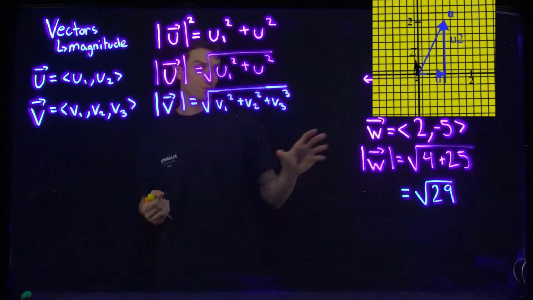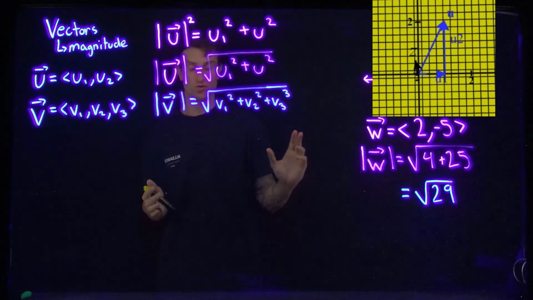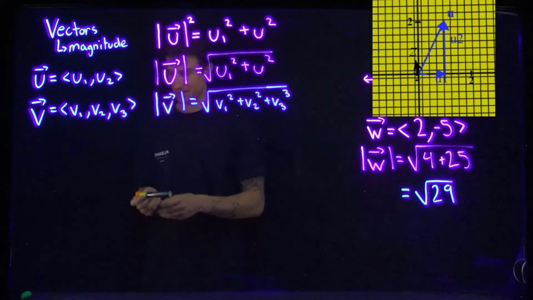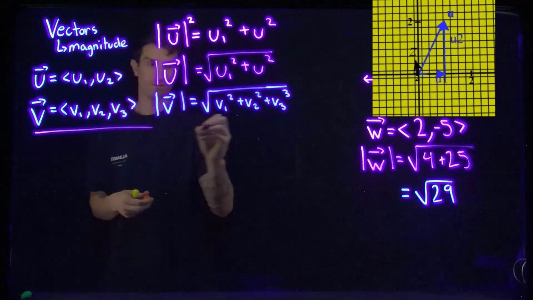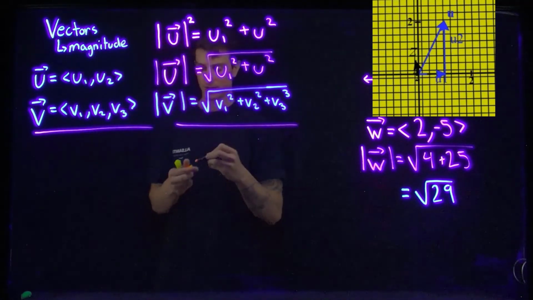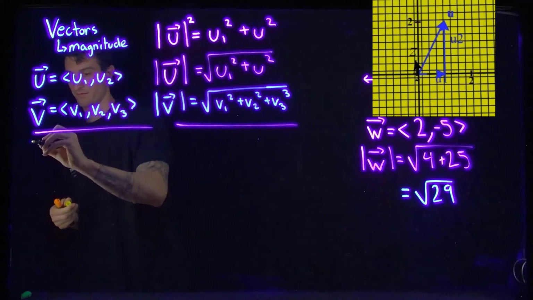All right, so now that we have the direction, right, the magnitude, I want to introduce one new concept on top of this. So let's draw a line here. And we're going to call these unit vectors.